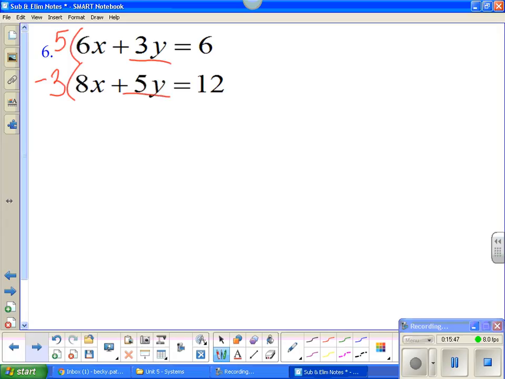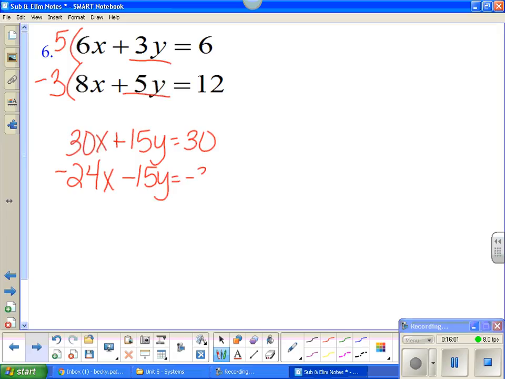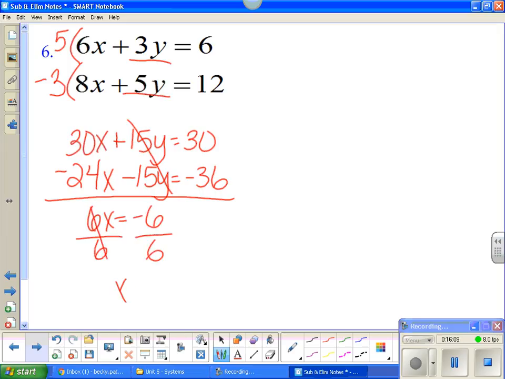So I'm going to stay right here with this. So the top equation I'm going to multiply by 5. So 6x equals negative 6. Okay, then I can go here or here.